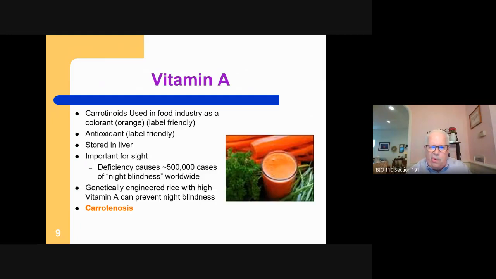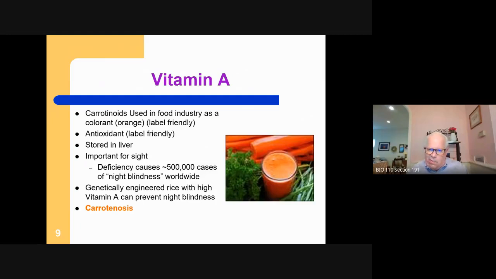Vitamin A is stored in your liver. It is important for sight. A deficiency causes night blindness. You have trouble seeing at night. And where is it more common? Because it's a carotenoid, it's more common in carrots. So vitamin A is extremely important.